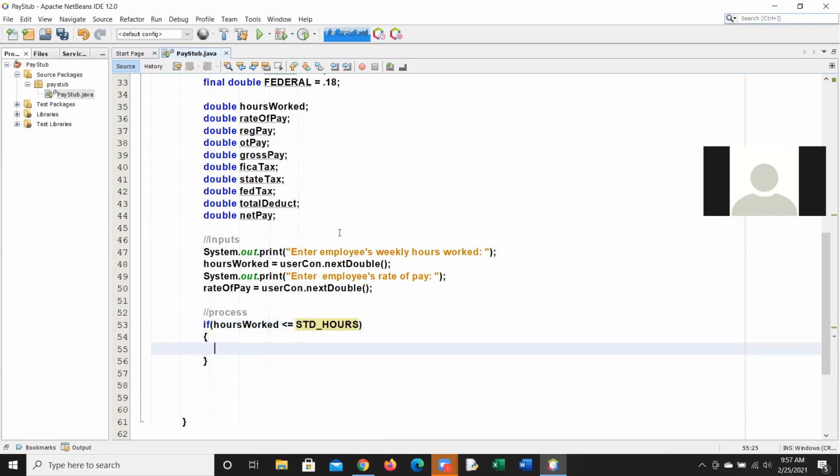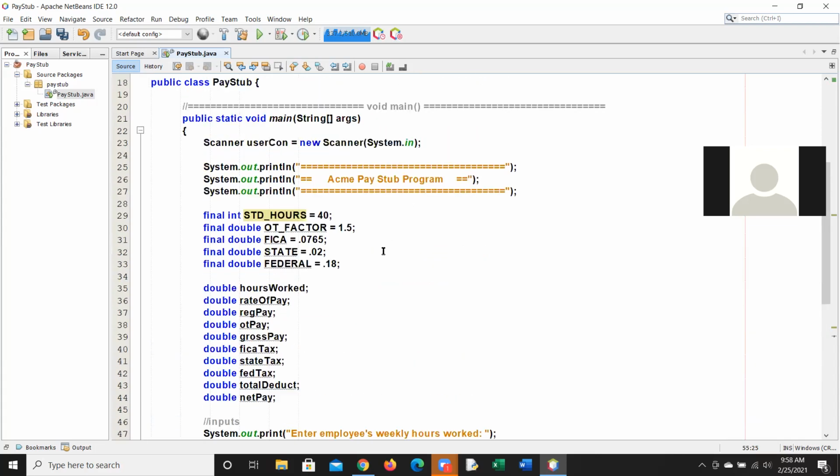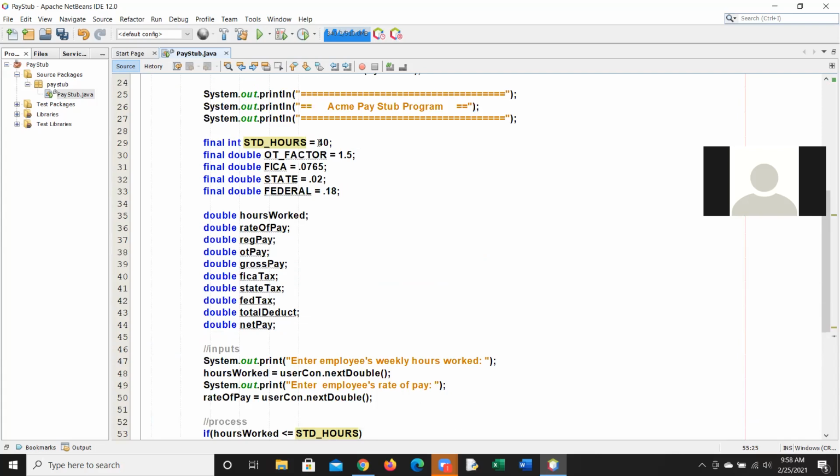then notice I didn't type 40 in here. Okay, it's not good programming if you're going to use literals; instead, we replace them in most instances.